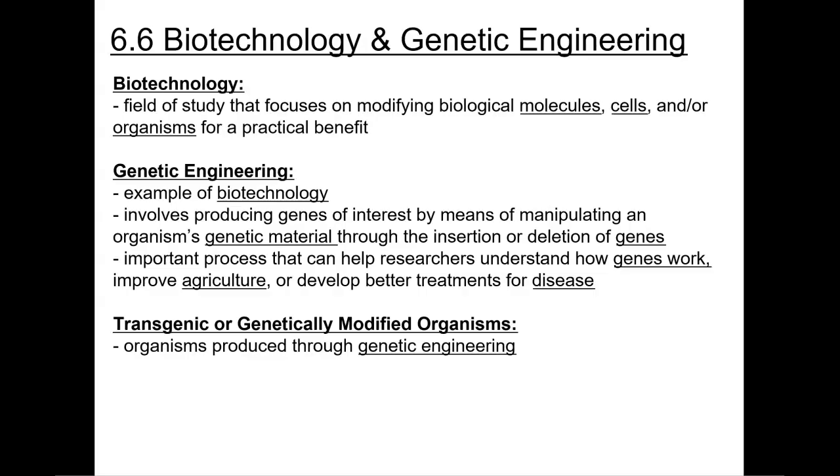So lots of labels, wrappers, packaging will tell you if it's been genetically modified or not. And so that simply means that they used a gene from one organism, inserted it into another organism, and now that organism is producing whatever that gene is. And so that is produced through genetic engineering.